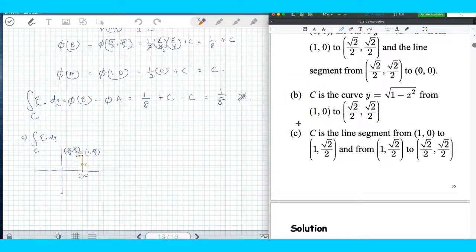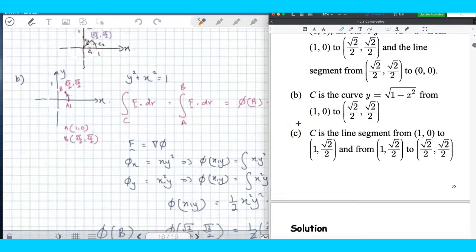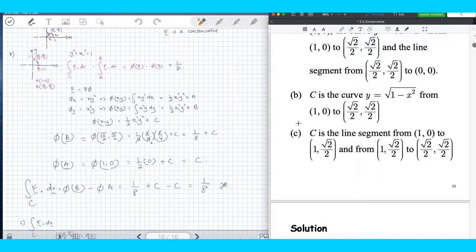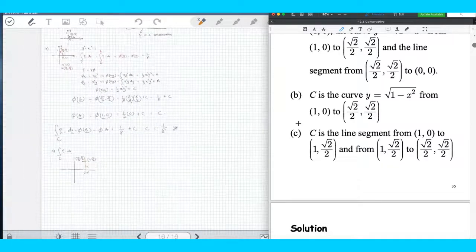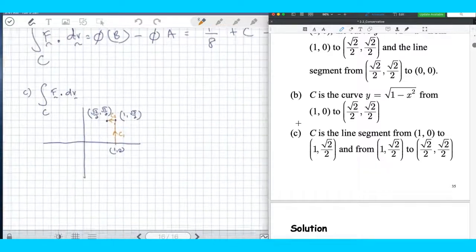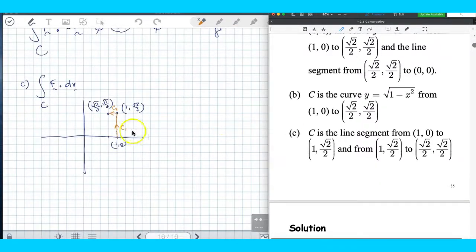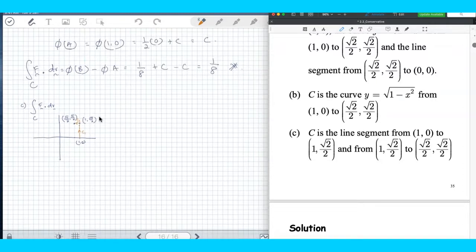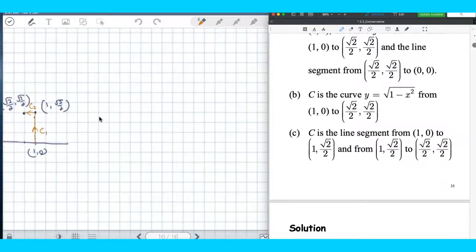Actually, your initial and terminal points are similar to the curve in B. If you compare with B, you want to go from the point 1 0 to sec 2 over 2, sec 2 over 2, isn't it? Similar to the C. But for B, you go directly along the circle. But this one, you pass through the two line segments. The initial and terminal points are the same as in B, and your F is a conservative vector field, so we can apply the path independence property.